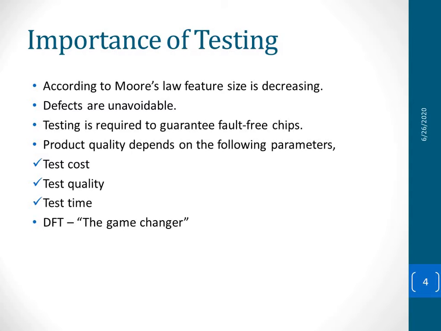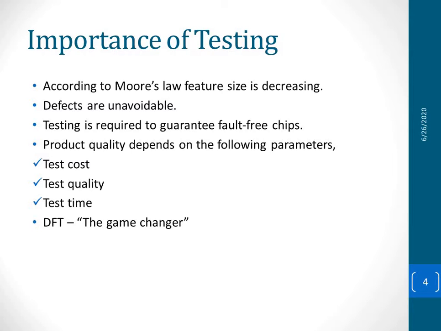As the number of elements integrated into the device increases, no doubt some errors can come up, and those errors are called defects, and these defects are unavoidable. Sometimes defects can be avoided, but sometimes they are unavoidable. So testing is required to guarantee that whatever chip we are going to fabricate is fault free.